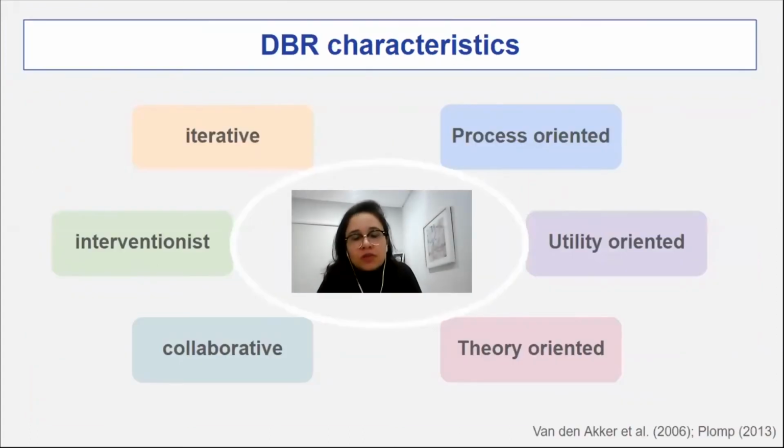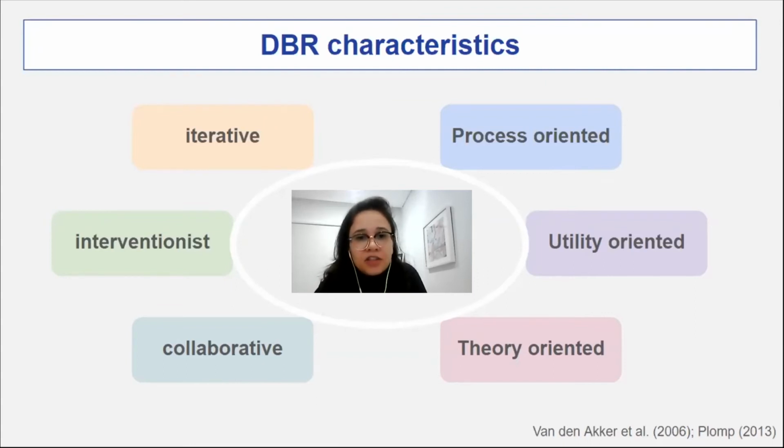Design research authors also agree on a number of characteristics represented in this type of research. Here are some of them. So they are iterative because the research incorporates cycles of analysis, design and development, evaluation, and revision, as demonstrated in the processes presented before.